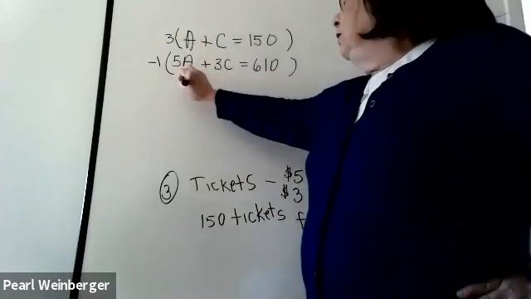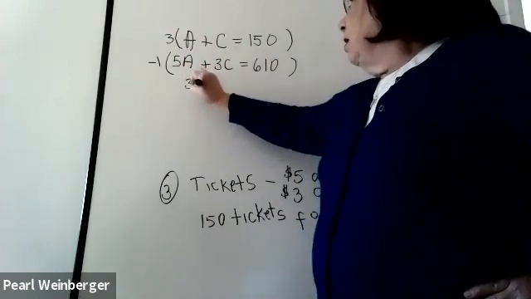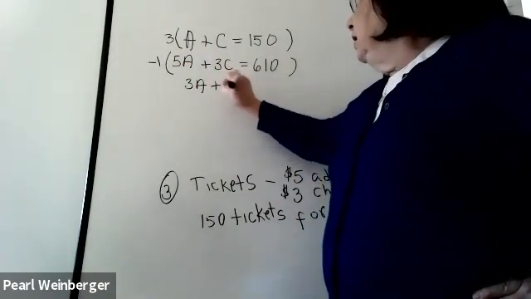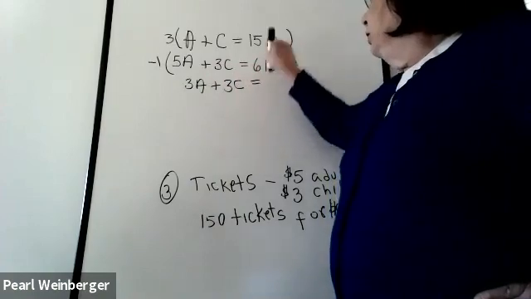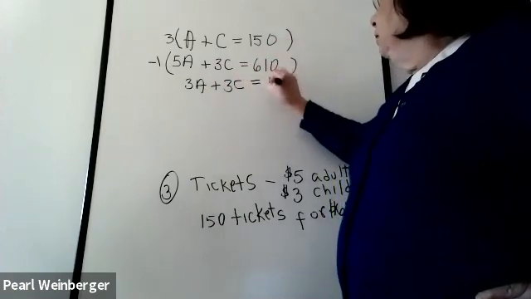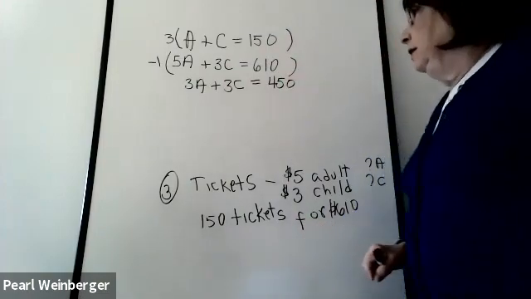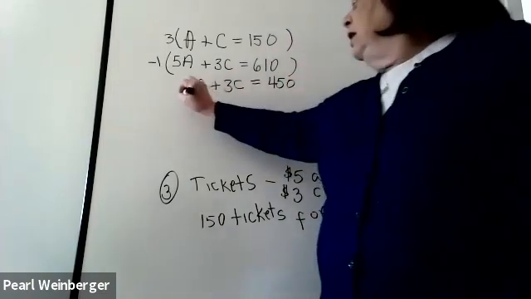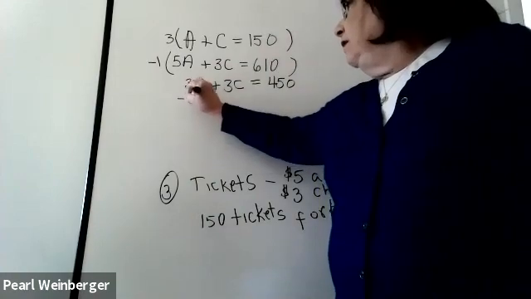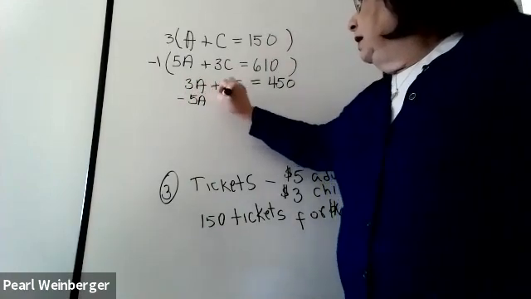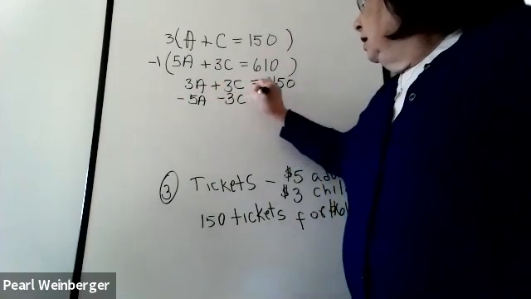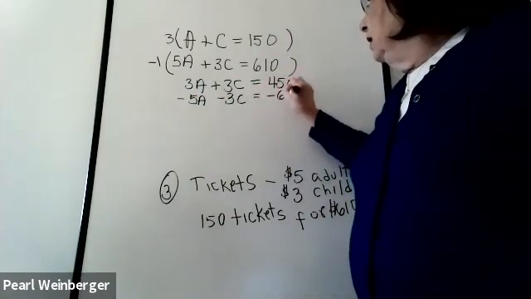If we do it this way, we're going to get 3A plus 3C equals 3 times 150. Don't forget to multiply both sides by the 3, which is 450. And the bottom equation becomes negative 5A minus 3C equals negative 610.